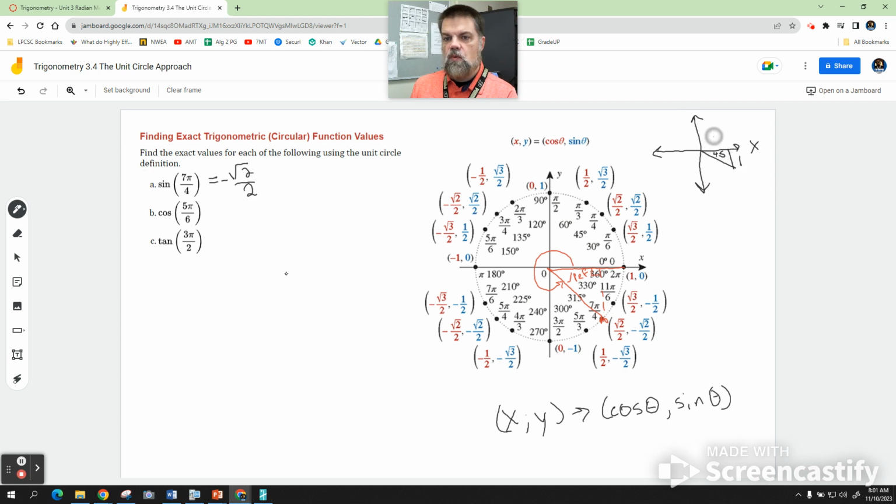I know that this is 1, 1, root 2. But this is really negative 1, right? Because it's in the fourth quadrant and our y value is negative 1. In other words, when I get here, technically this would be 1 comma negative 1. That point right there.